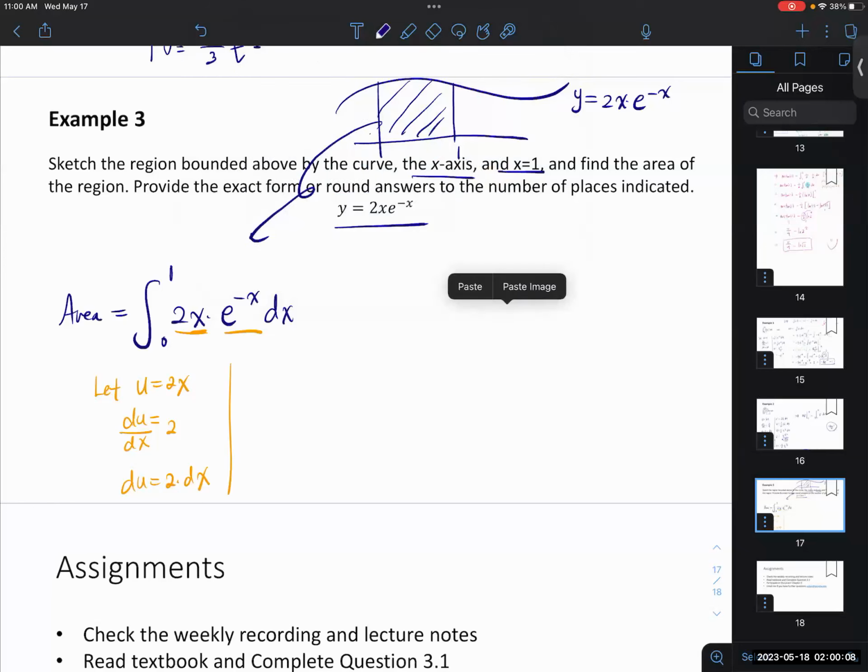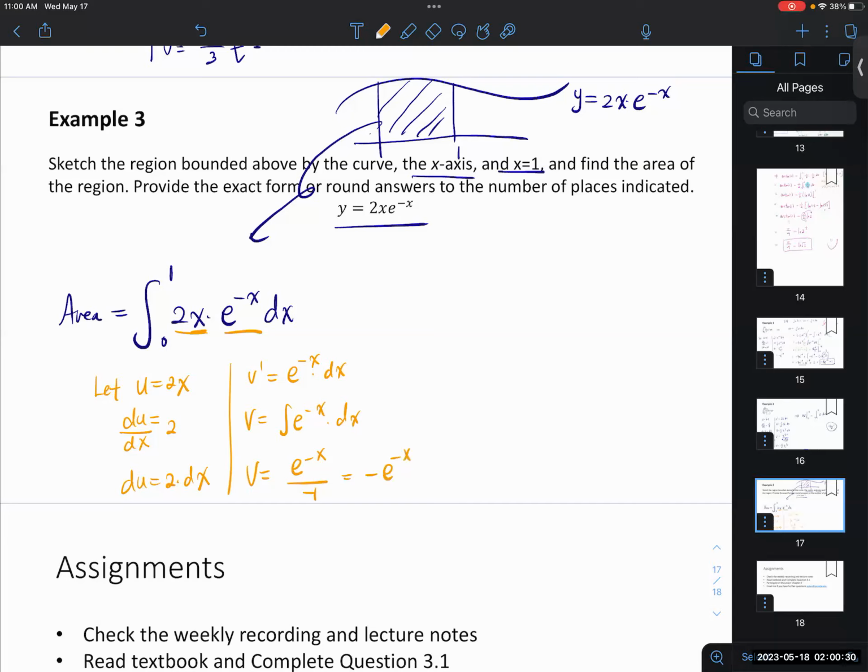Because we are looking for the integral of the product of two functions. So therefore, this is v prime, e to the negative x dx. Taking the integral, you can find v. So v will be e to the negative x over negative 1, which is negative e to the negative x.